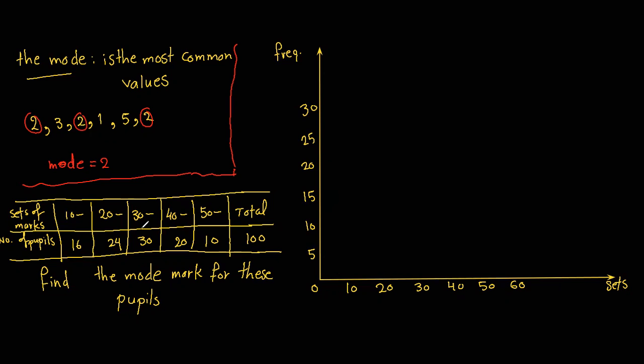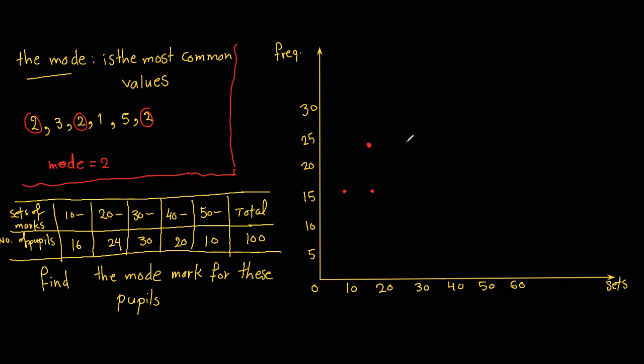We want 16 at the center between 10 and 20. I will make it easy to draw this point. So we want to plot this 16 between 10 and 20. So I will take 10, then 16, and then take the value to 20. Then I want a point between 20 and 30. It will be 24, like this.